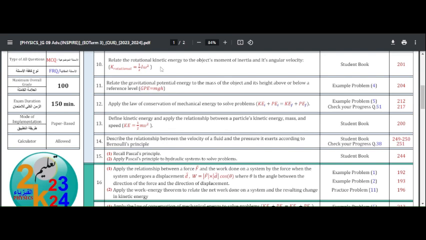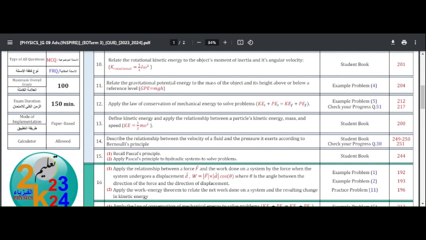Now you will learn about the moment of inertia in grade 11, but all you need to remember is that it can be calculated by a simple formula, and you will be given a simple shape like a wheel, with a moment of inertia given by I is equal to mr square. M is the mass and r is the radius of the object. So the moment of inertia depends on the shape and the mass of the object.